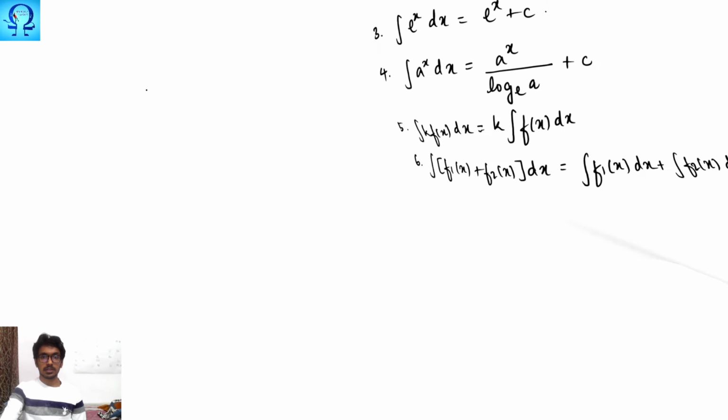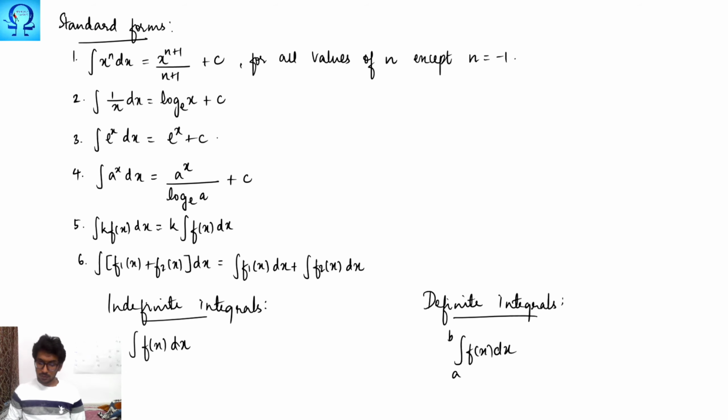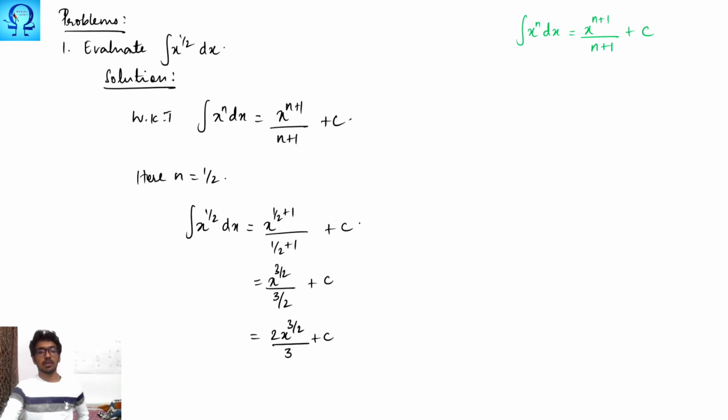Let us revisit and check here. We have 2 power x, which means the fourth formula we will have to make use of. And the fifth one: if you multiply some constant to a function, you can take the constant outside and do the integration process. And the sixth one: if you have a sum or a difference of two or more functions, that can be split.